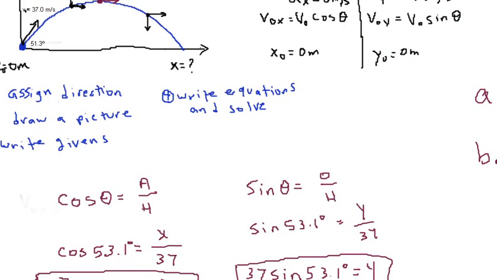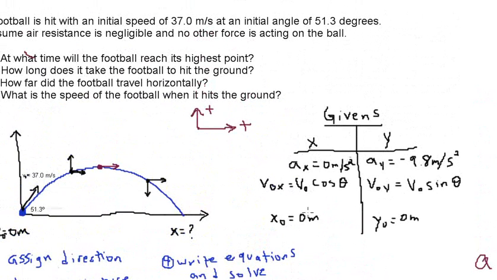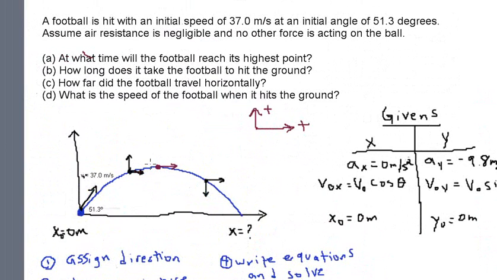Let's go on to the next question here. It says, how far did the football travel horizontally? So now we need to use a kinematic equation in the x direction to find out how far the football travels in the x direction. So what they're asking for is this distance down here.